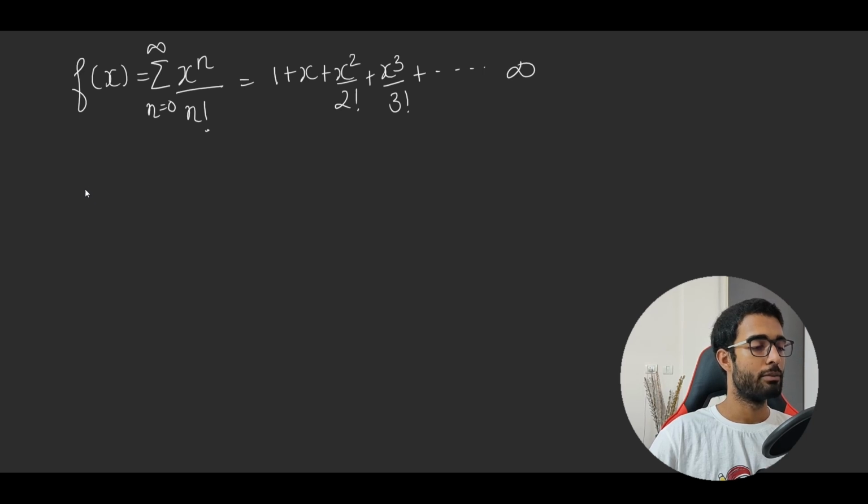Now to find out certain properties of this function, we will multiply f(x) with itself, and we'll get the following thing.